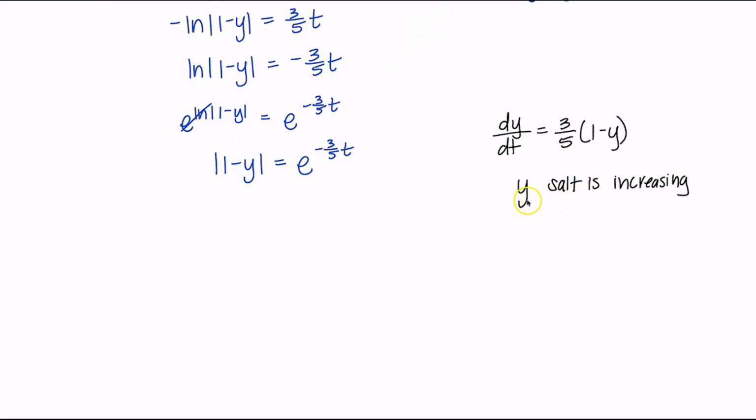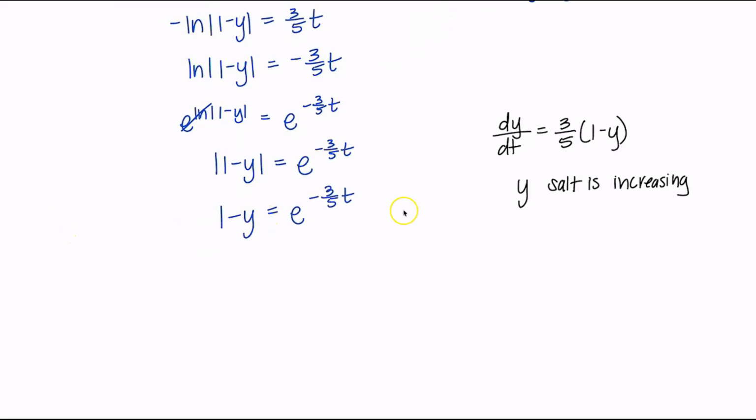If y is increasing, then the derivative, the rate of change, had to be positive. And 3/5 is already a positive number, so the quantity 1 minus y must be positive. So I can drop the absolute value bars because I know that 1 minus y is a positive quantity, and get e to the negative 3/5 t.